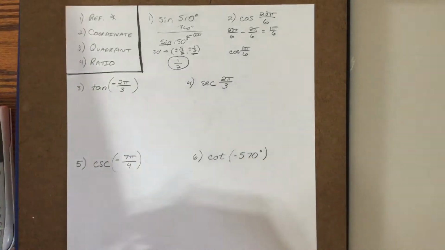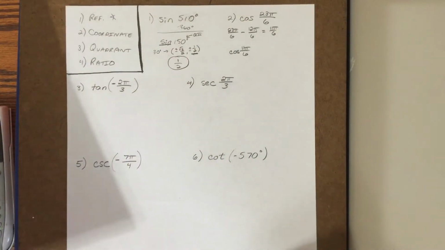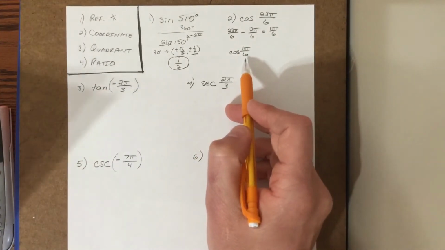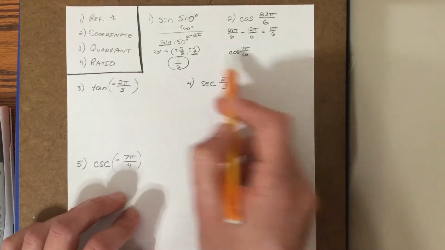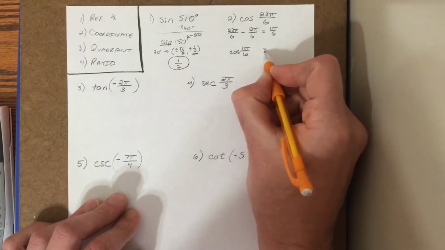Again, 23 pi over 6 and 11 pi over 6 are coterminal angles. So this is getting it down to a problem that was in the previous video. That's really what our goal is. As we go through our four-step process here, this is again a 30-degree reference angle.